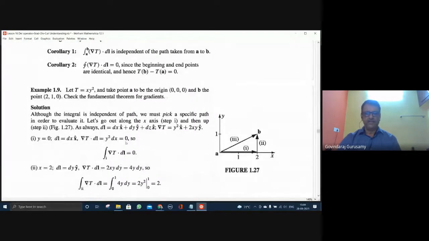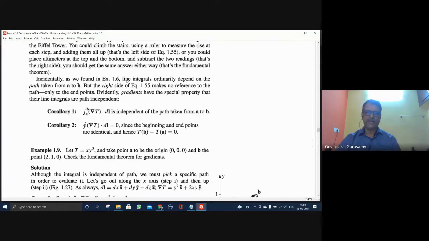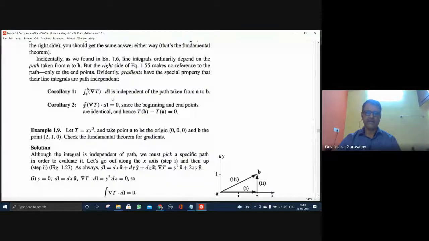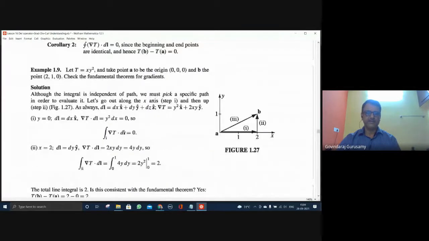Take a path now, or take the left hand side and evaluate it. Find what del T dot dl is for the function. When you are moving along this path, y equals 0 and dl equals dx times x cap.